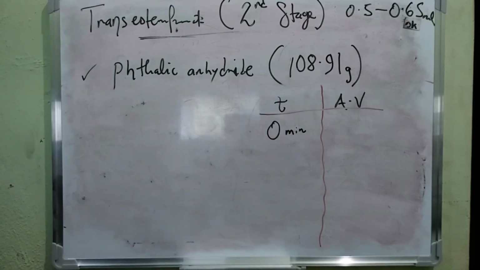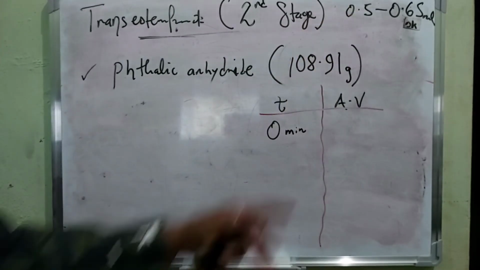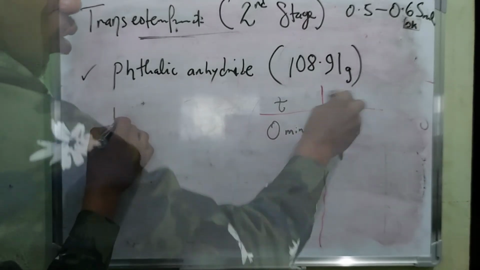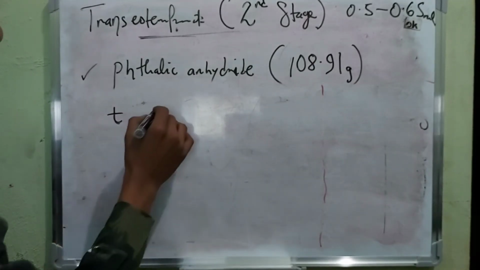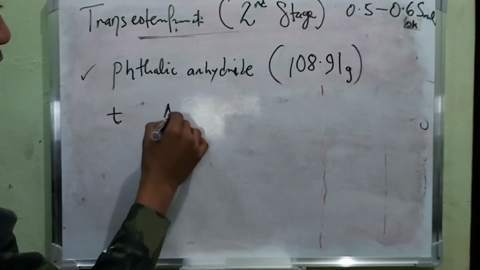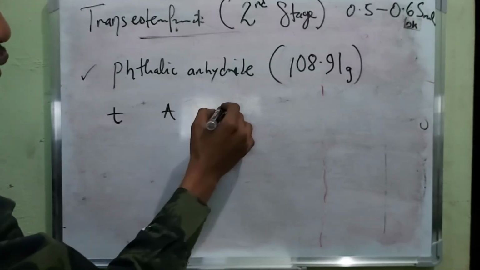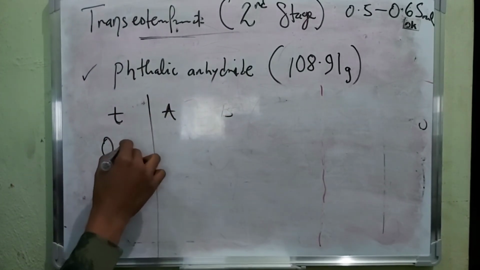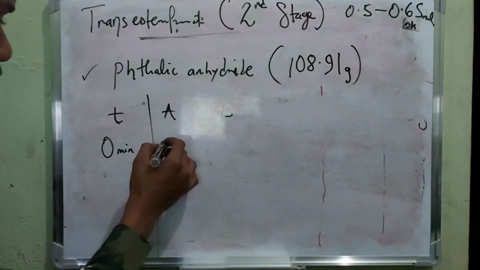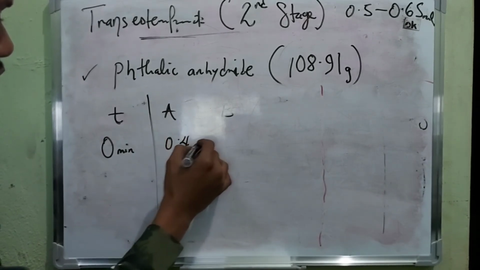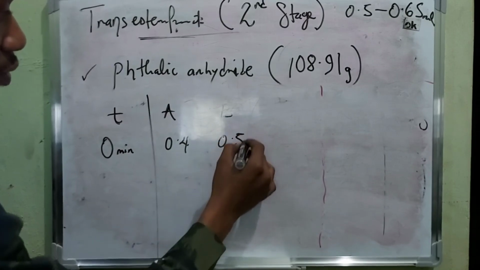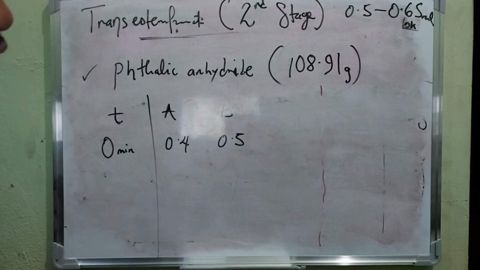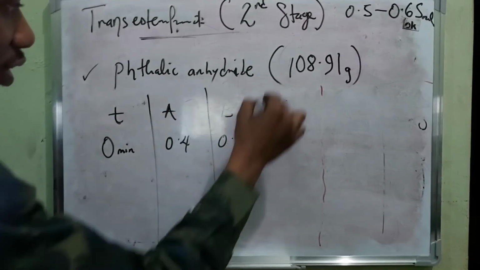You take 2 aliquots whose volume lies between 0.5 and 0.65. So at the time we have, let's say, our beaker A, our aliquot 1 and aliquot 2. So at the 0 minute, we need to withdraw aliquots. Let's say we took 0.4 and 0.5 ml of the aliquot. We should be in the range of 0.5 to 0.65. So we determine the acid value.